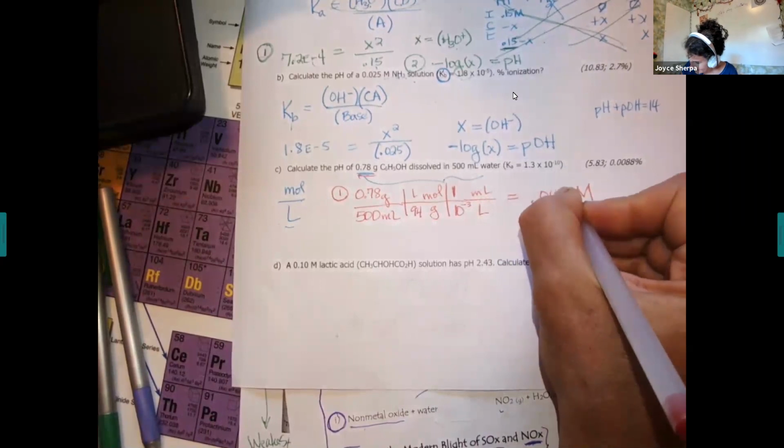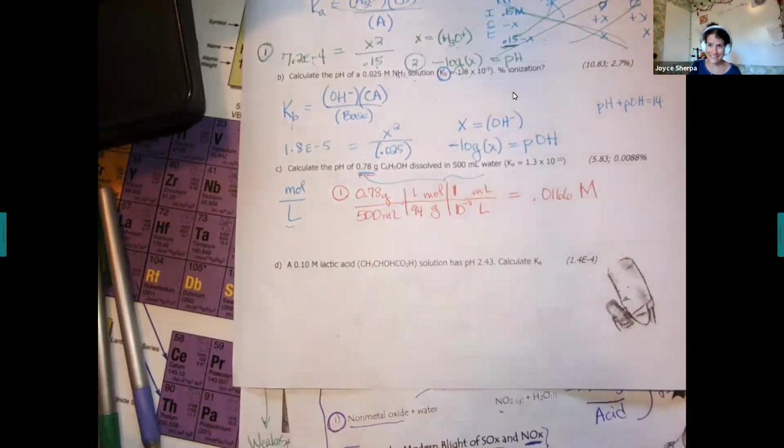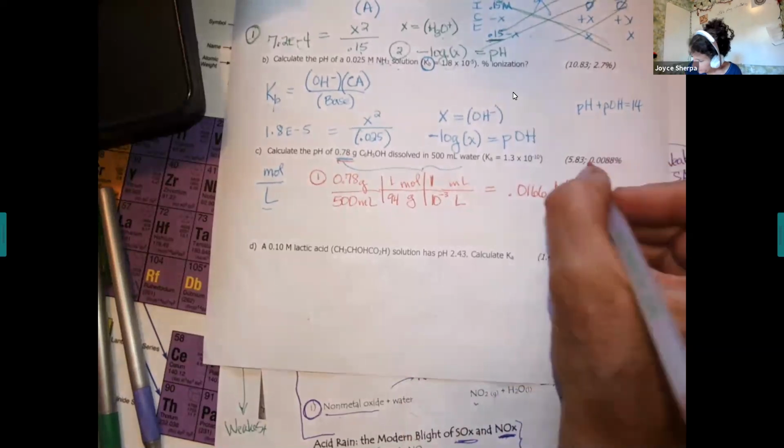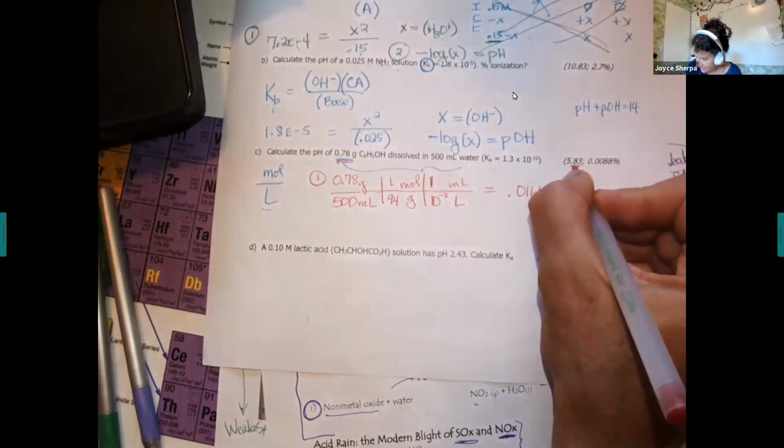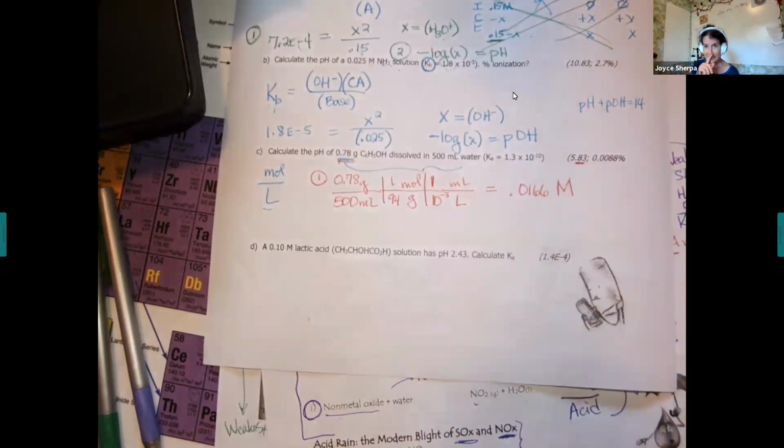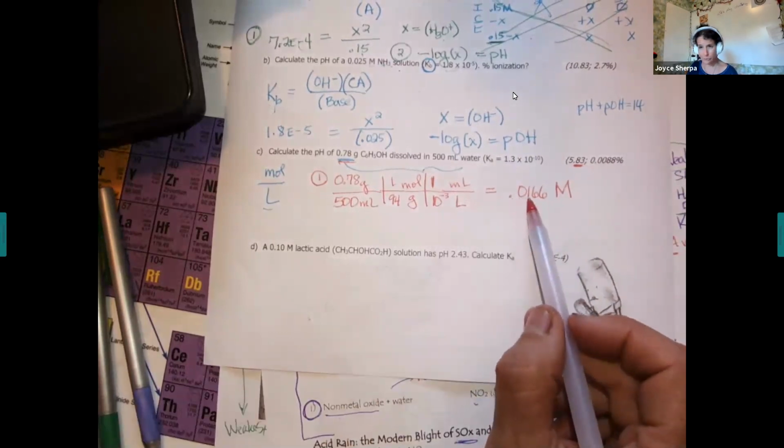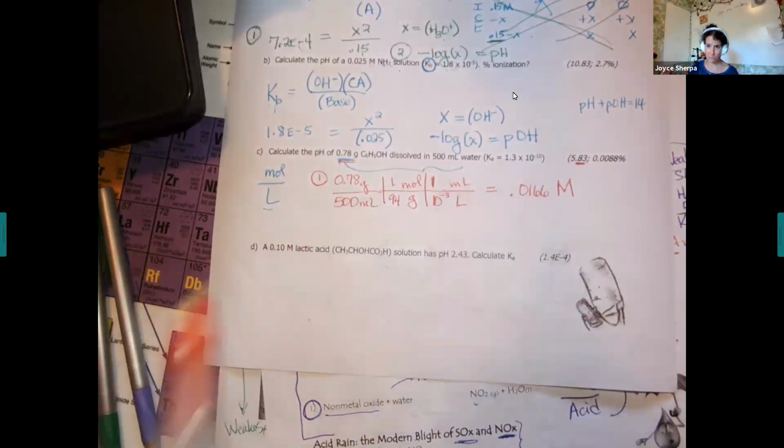I recommend that you keep 3 sig figs. Let's go with that rule. With pH, this technically has 2 sig figs because it goes 2 decimal places. But if you round this to 0.017, you're going to end up rounding too much, and it's going to give you different pHs.